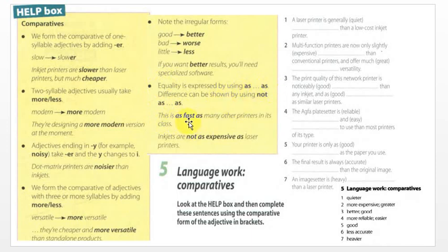This is as fast as many other printers in its class. Inkjets are not as expensive as laser printers. You can fill in the blanks by yourself. This is the answer key. For example, a laser printer is generally quiet. Instead of quiet, we use quieter than a low-cost inkjet printer.